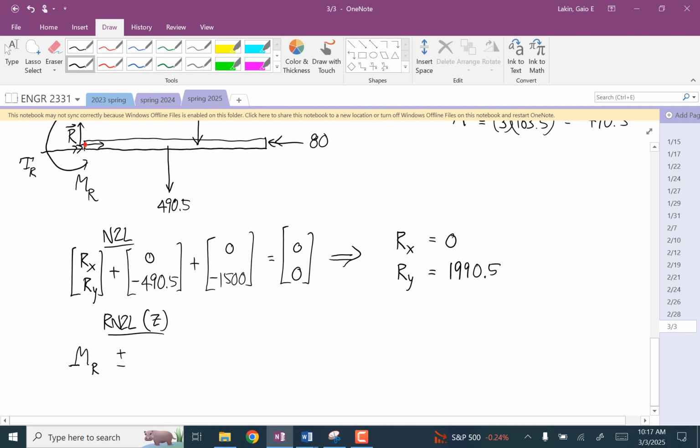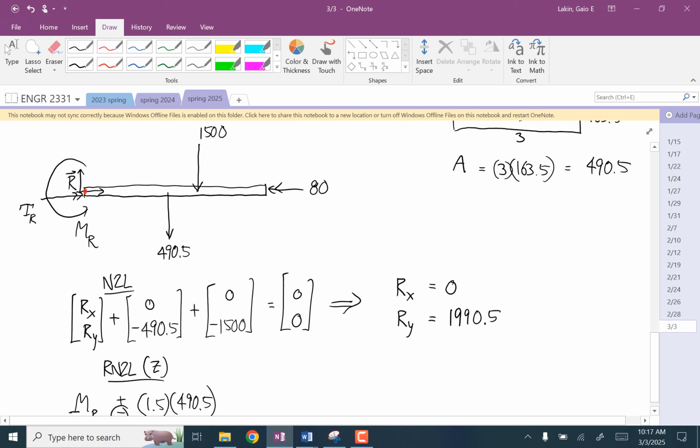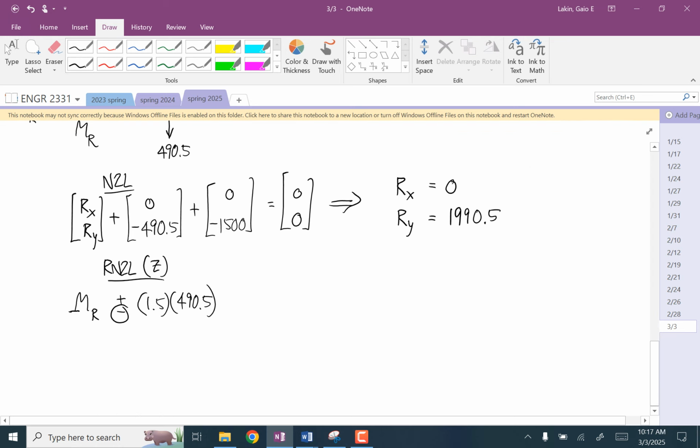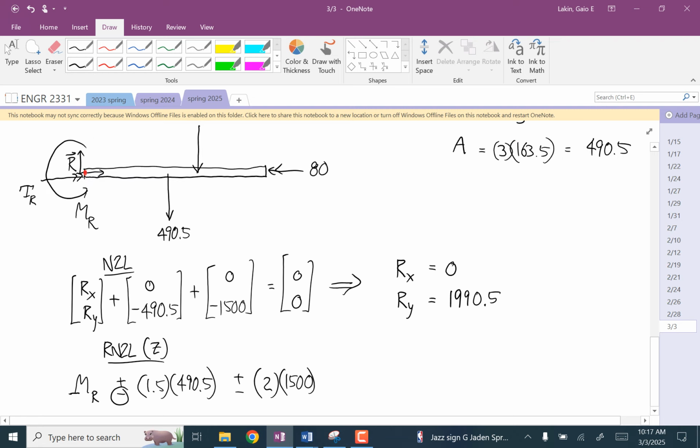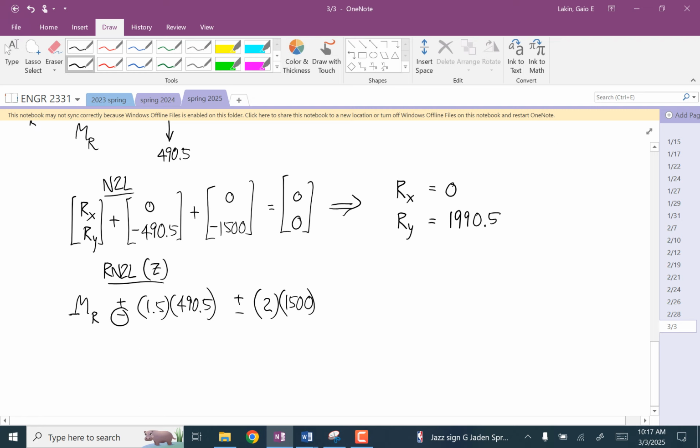The 490.5 has a moment arm of 1.5, and that's a clockwise moment. The force of 1500 has a moment arm of 2, and that's a clockwise moment, so that's also negative.